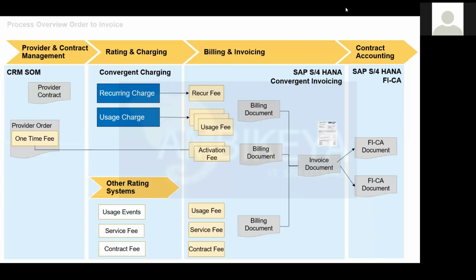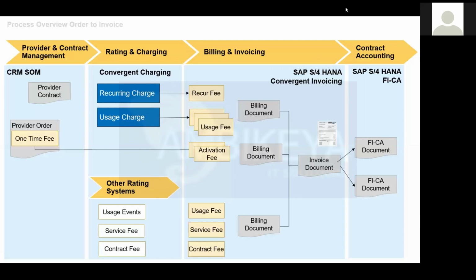So the next step then is a convergent charging. After the submit of the provider order, the subscription and provider contract is distributed to convergent invoicing and to convergent charging. And we have the provider and subscription contracts then in both.